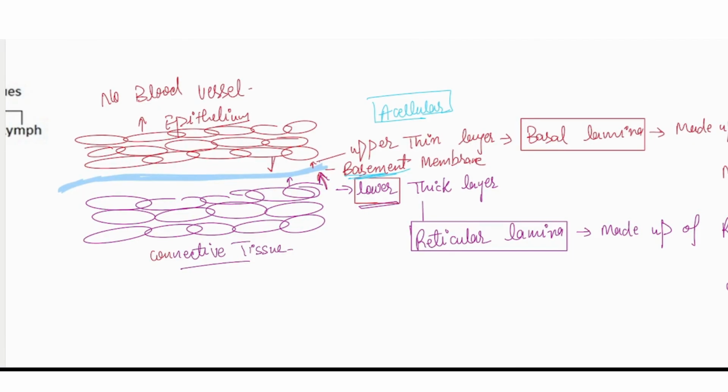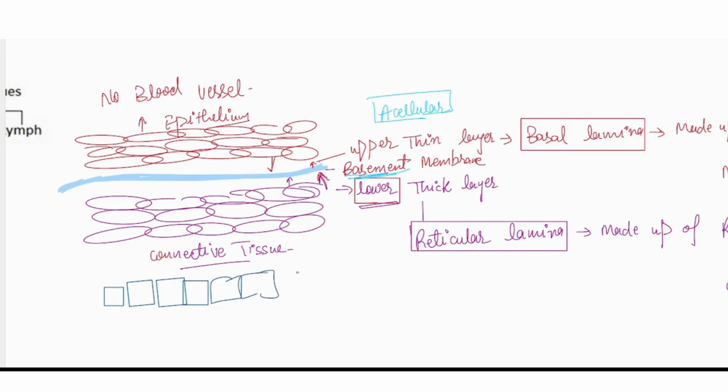Now let us start with the next topic, the second tissue, the connective tissue, which makes the connection between the epithelium and the muscular tissue, because after the connective tissue there is another layer, the third layer, which is muscular.